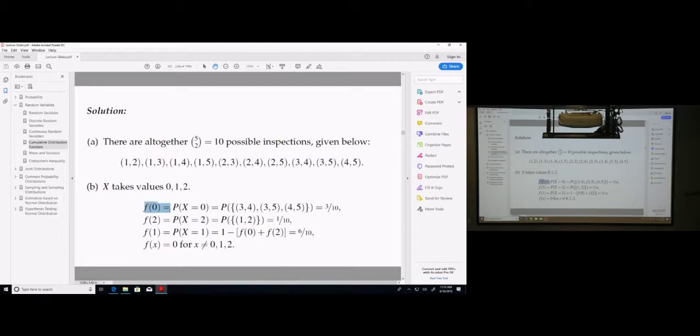So f of 0 corresponds to you have no defective that you can identify during the sampling. So what it means is that now you happen to pick 3, 4, 3, 5, or 4, 5 out of these 10 possible combinations. So that would be 3 tenths. And f of 2 equal to that you pick up 2 defective.